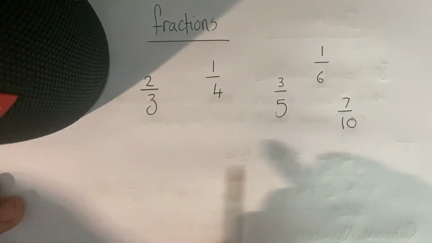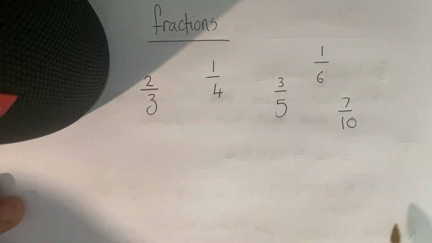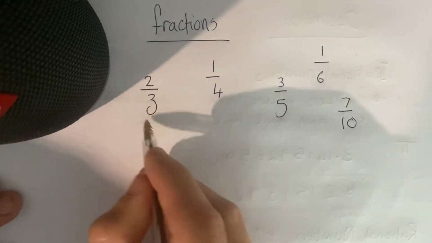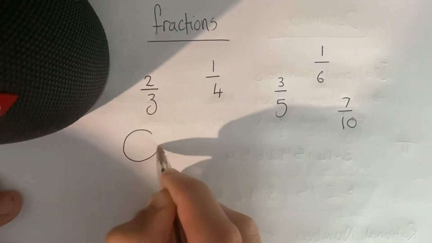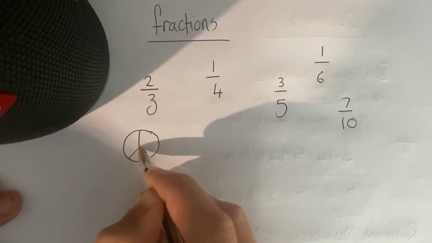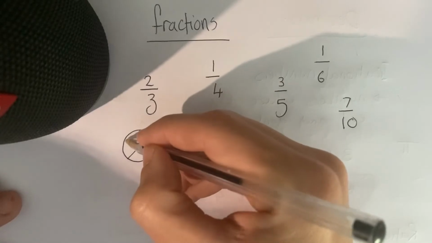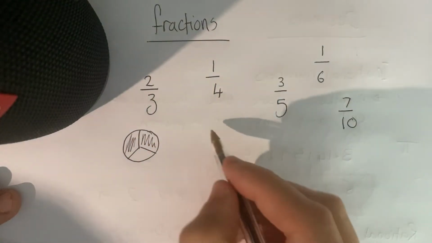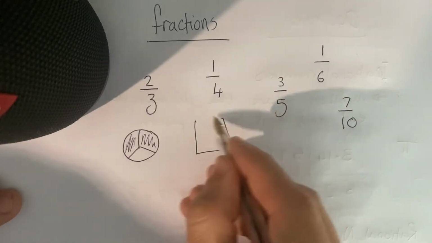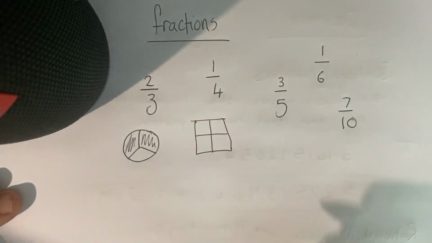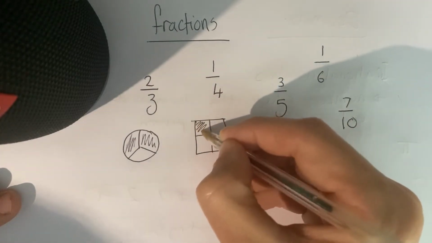Okay, these fractions are all relatively normal fractions, and essentially what they mean is if we've got 2/3, they're saying that we've got a pizza here, we've divided it into 3, and we have 2 of them. Okay, if we have 1/4, I'll just square this time. 1/4 would be 1 of the 4.